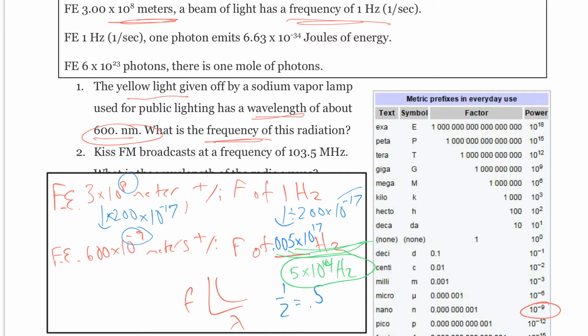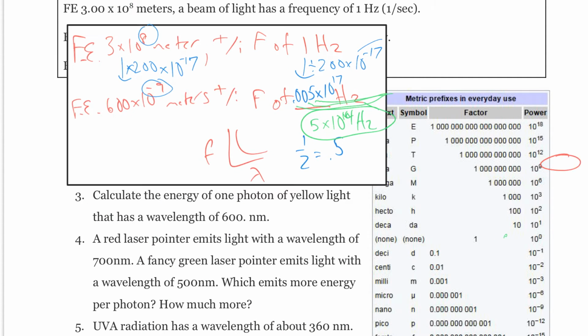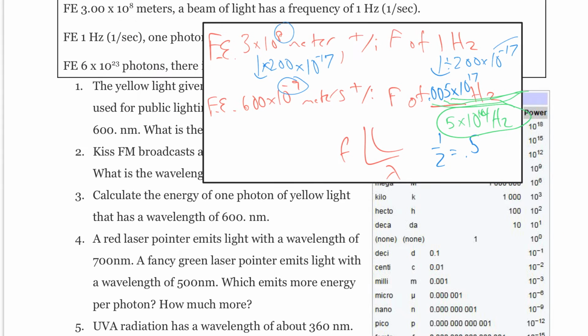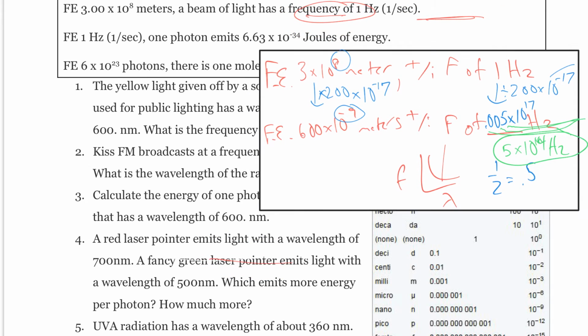Okay, and then question number 3 says to calculate the energy of 1 photon of the yellow light. Oops, sorry about that. Of the yellow light that has a wavelength of 600 nanometers. Well, that's the same thing that we had before. So now we just want to calculate the energy. And I know that energy calculation is right here.